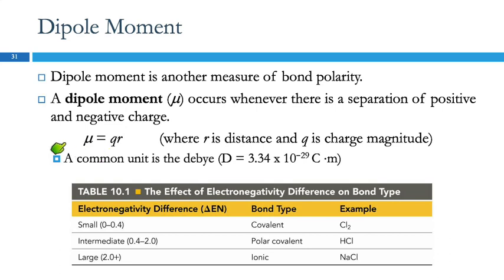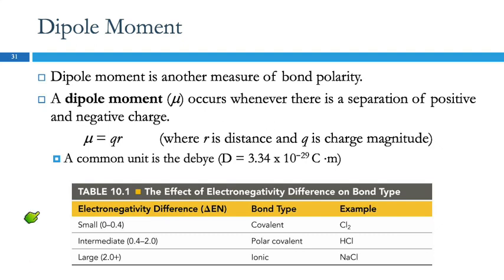We're not actually going to calculate any dipole moments, but you need to know that it can be calculated. There is a unit for that, called a debye. We're not going to use that either, but now you've heard about it. We will talk about dipole moments, but not about calculating them. A dipole moment is when you have a separation of charge: one end is a little negative, one end is a little positive.